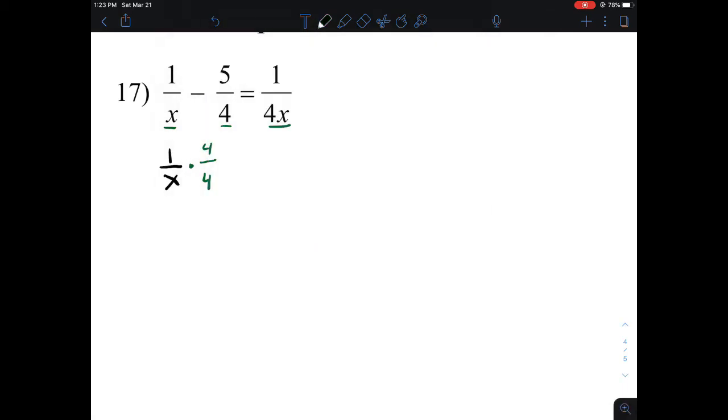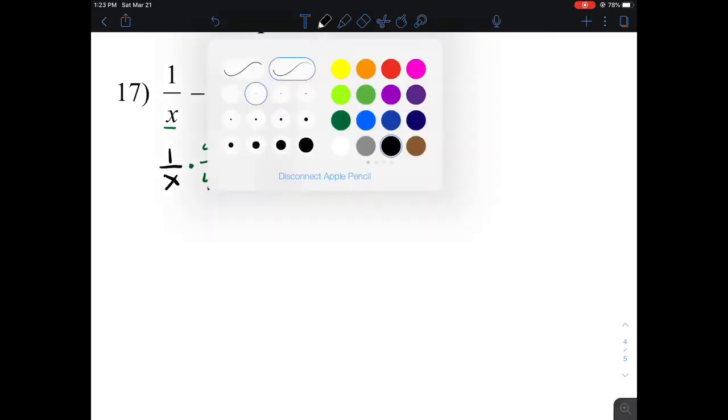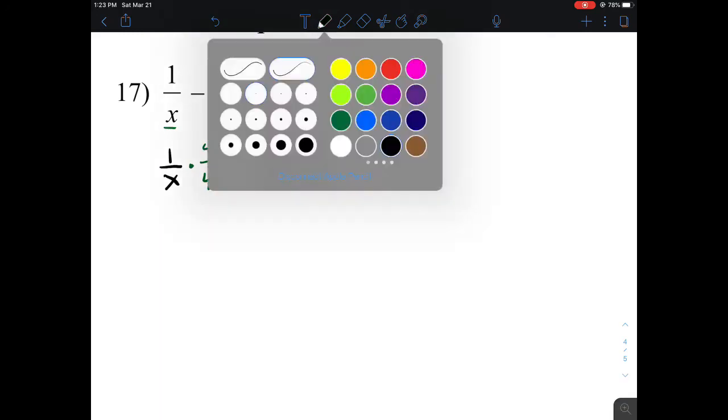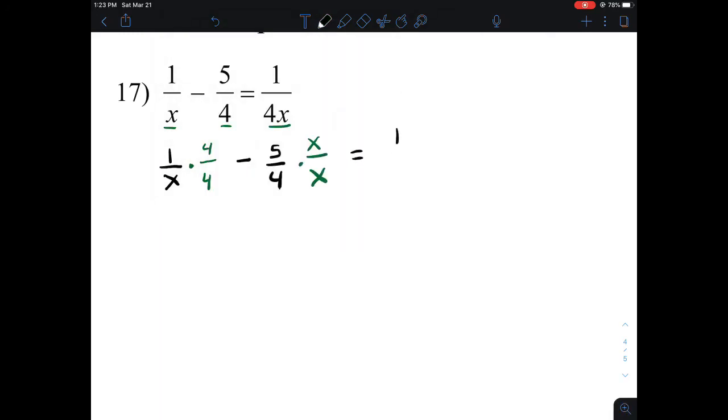The second rational function, 5/4, it needs to have a times x in the denominator, so if I multiply the bottom by an x, I have to multiply the top by an x. And then I have equals, and then the 1 over 4x already has the denominator of 4x that I need.